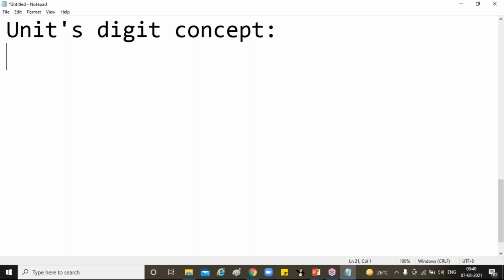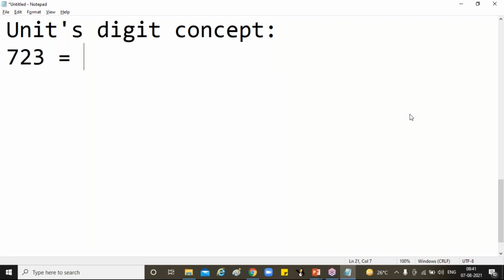All of you, please listen. For example, 723 is the number. There is no power. What is the last digit of the given expression? 3.